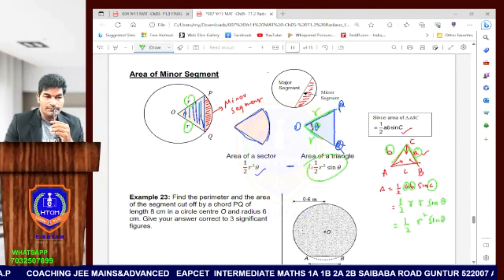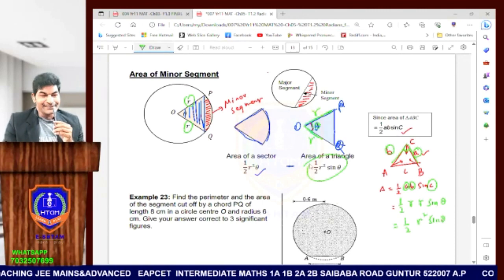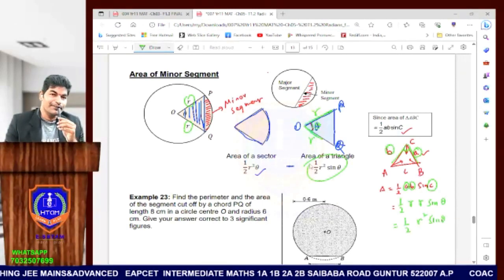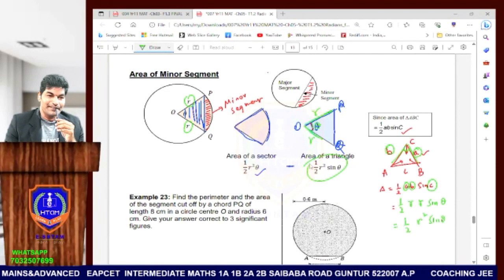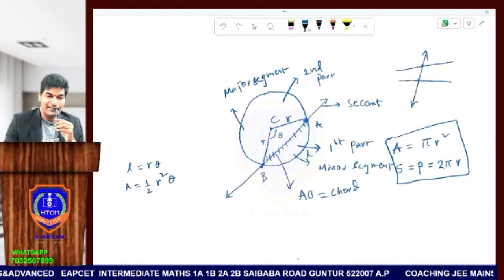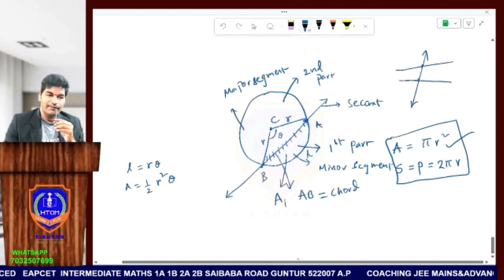Now tell me, how do you calculate the major segment area? Only smart people can answer this question. I told you the entire circle area is pi r square. If the minor part area is A1, what is the major part area? A2.